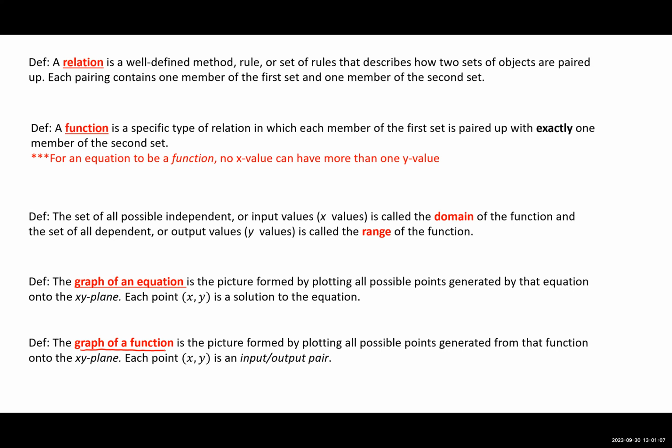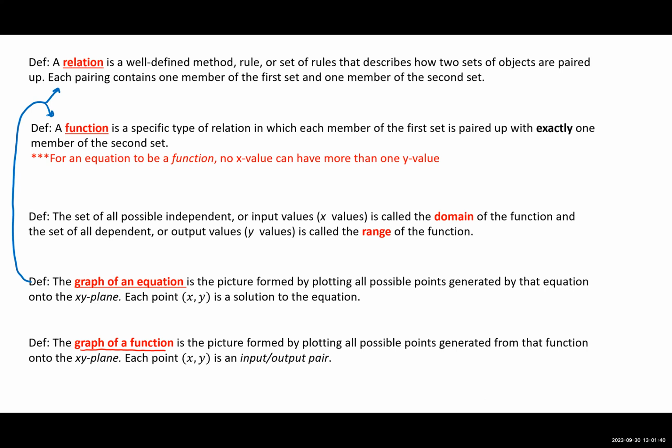We have two different ways of talking about numbers. We could use decimals or we could use fractions. There's two different ways of describing more or less the same thing. When we're graphing equations, well, they're not exactly the same, because an equation could be a function, or it could be a relation that's not a function.